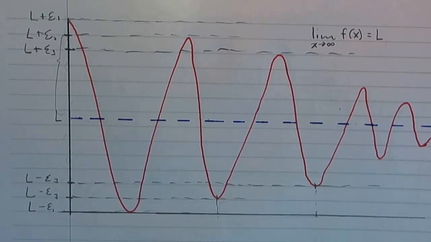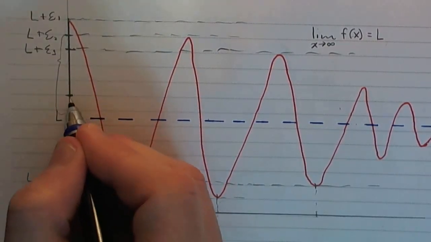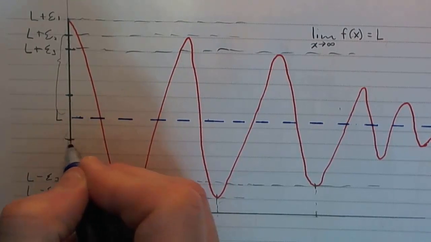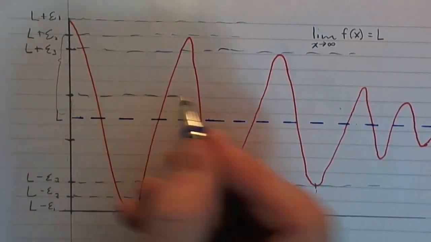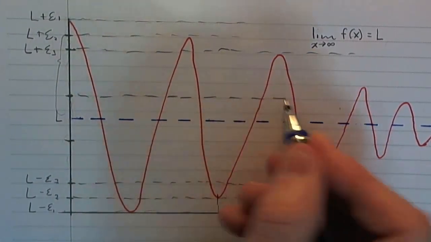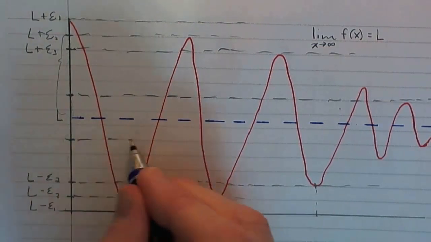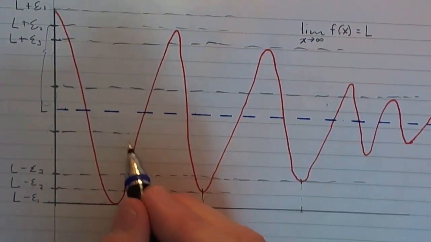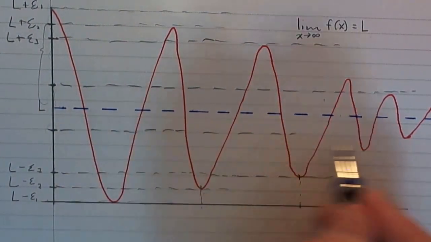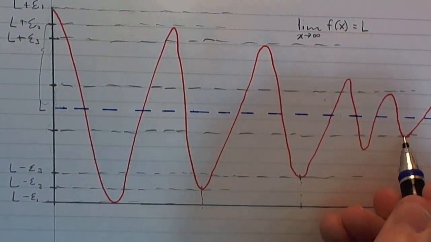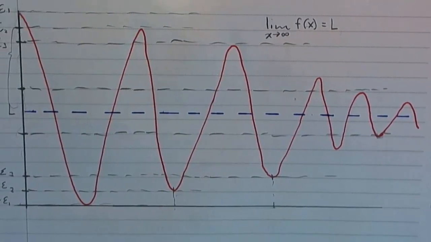And here's the deal. No matter which epsilon I choose, let me choose an epsilon very small, this little epsilon here, and I make a horizontal line over. Well, it takes me a little while to go out far enough, but I get to the point where the entire graph is contained between these two lines. See, look at that right there. From then on, the entire graph is contained.